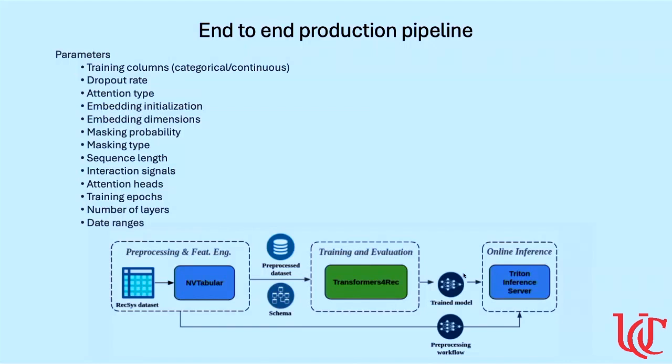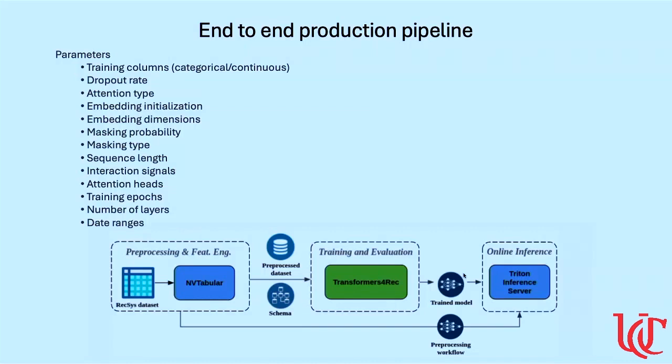Then the number of layers, and then the date ranges as to how far back you want to go. So it's fairly customizable, and since it's quite customizable, it's sort of tedious also to get these parameters right. It requires a lot of hyperparameter tuning to get the best model. And again, it's a very iterative process.